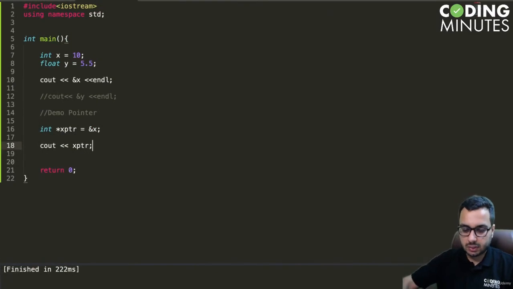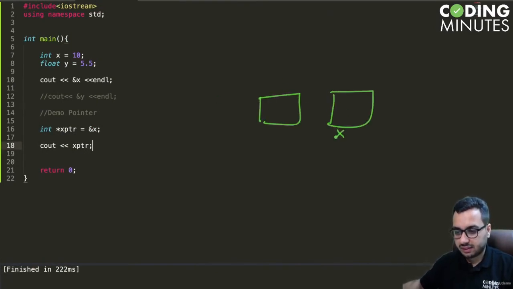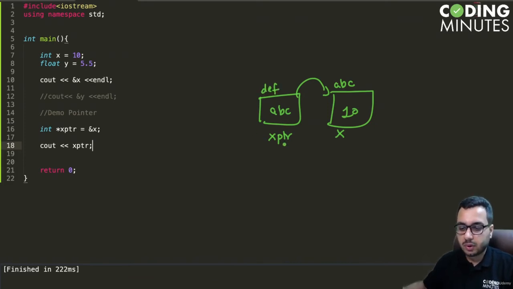Now one thing we can do is something like this. We have x, this is 10, this address is, let's say, abc, and this address is stored here in xptr. Because xptr is stored inside memory, it may also have a certain address. So let's say this address is def. Now suppose I want to print the address of a pointer variable, how can I do it?